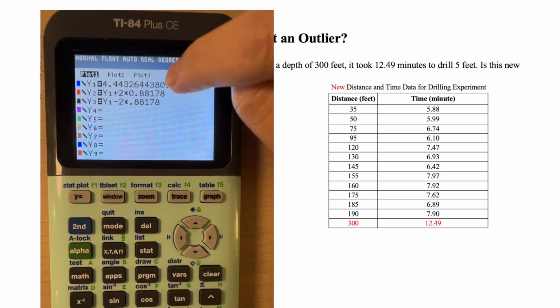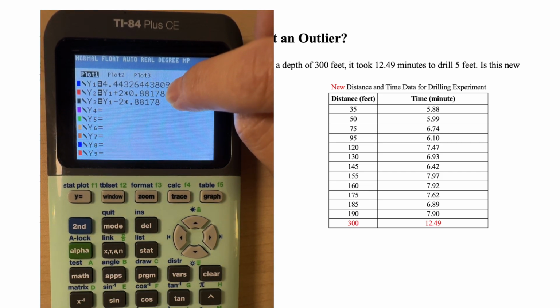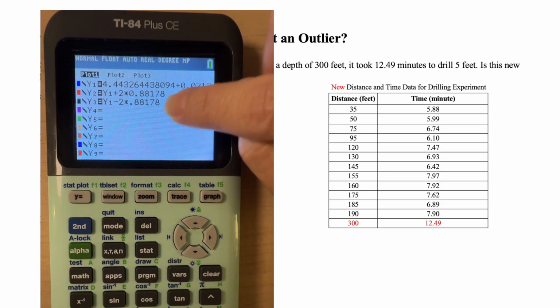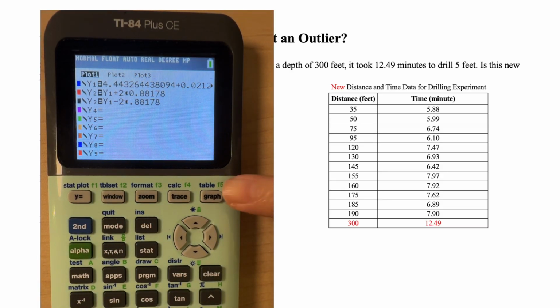So I have the regression line here, Y1. Y2 is the regression line plus 2 times standard deviation. Y3 is the regression line minus 2 times standard deviation. Now press Graph.